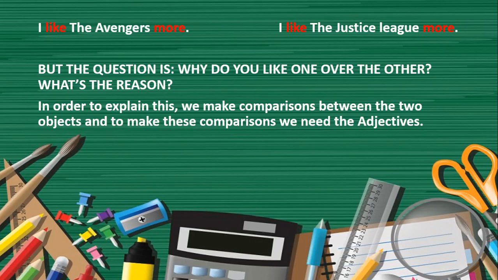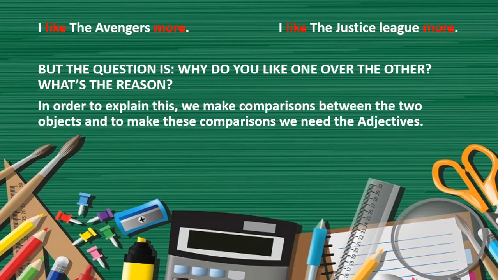To explain why we like an object over the other object, we need to make the comparisons between these two objects. And to do that comparison, we need something very essential. We need the adjectives.